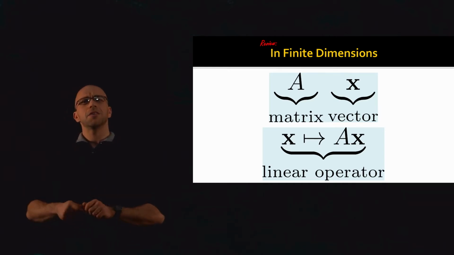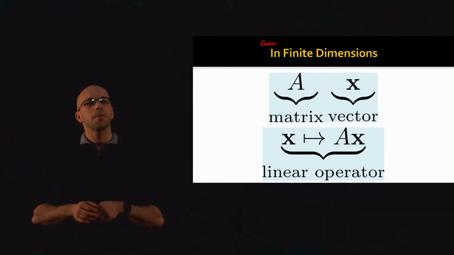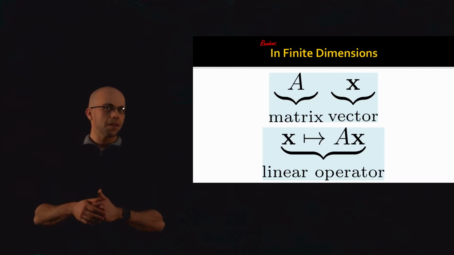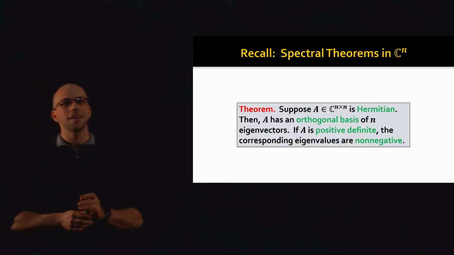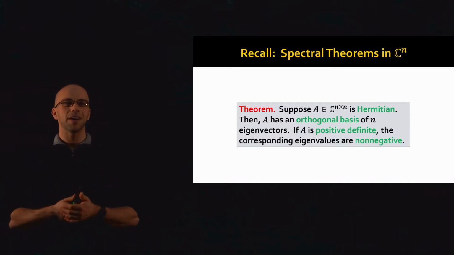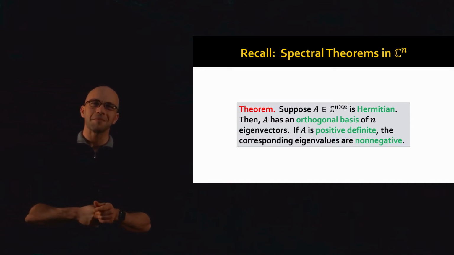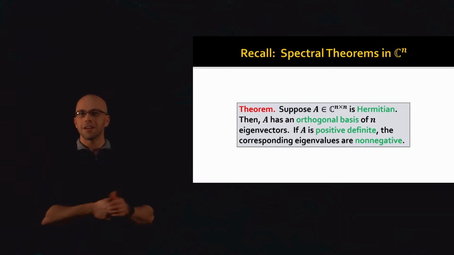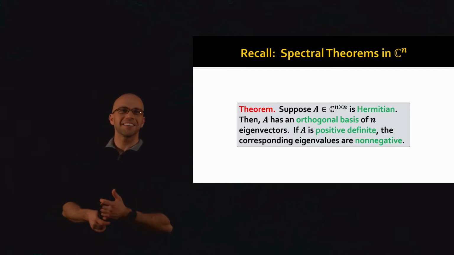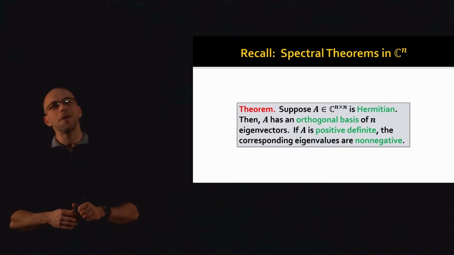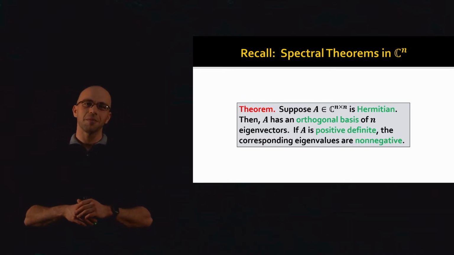Now, the other object that we're going to need is something that you probably saw in your linear algebra course, but if not, we'll go ahead and state it here, which is the spectral theorem in Cn or Rn, either one is fine. Remember, C stands for complex numbers. And the theorem, in all of its glory, and with a lot of color coding, is shown on the slide here, which says, suppose that I have a matrix A, which is Hermitian.